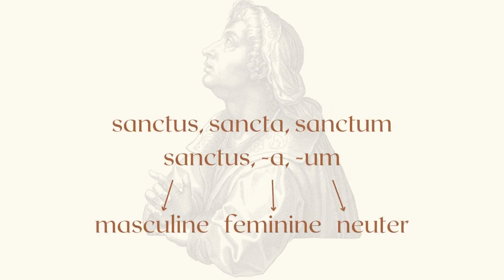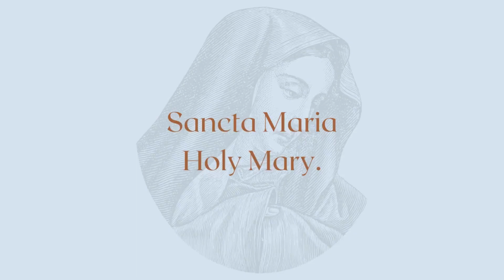So you can see that the masculine form is sanctus, and that the abbreviation refers to the feminine form, sancta, and the abbreviation refers to the neuter form, sanctum. You've already come across an example of the feminine form in the phrase Sancta Maria, Holy Mary. Maria is a feminine noun, and so we need to use the feminine form of the adjective, sancta.